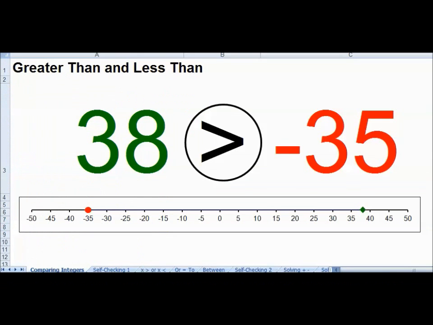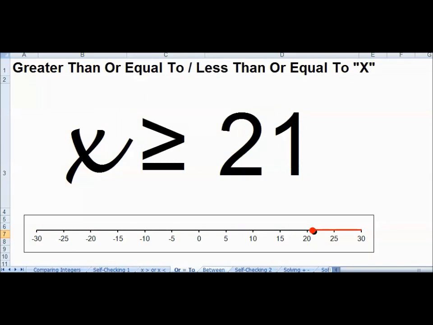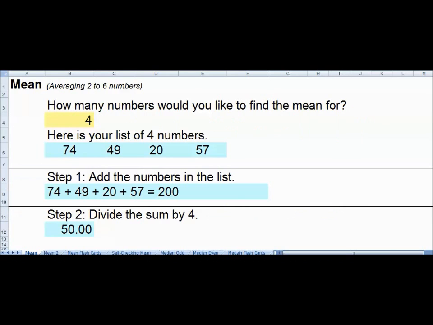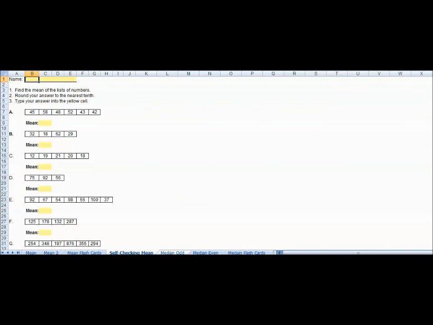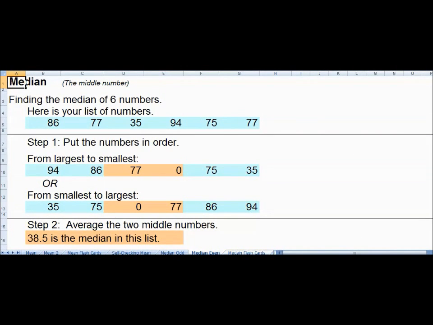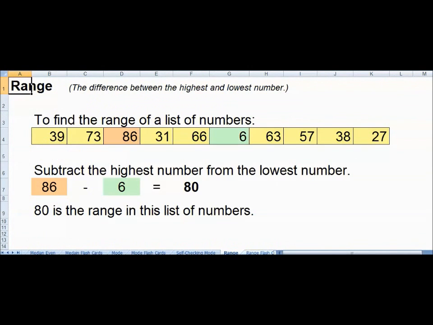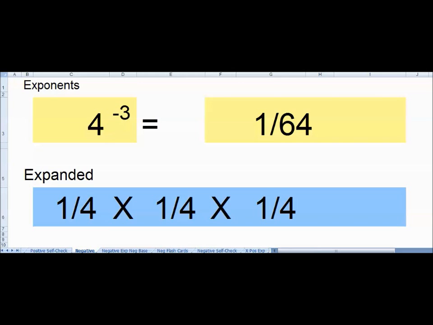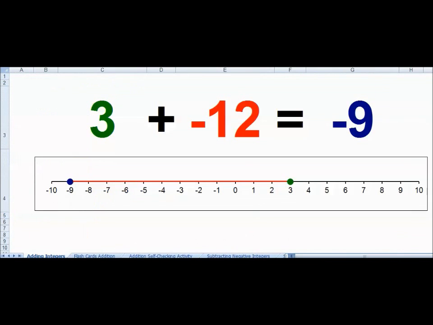Other topics include lessons on inequalities, measures of central tendency, including mean, median, mode, and range. Positive and negative exponents. Operations with integers.